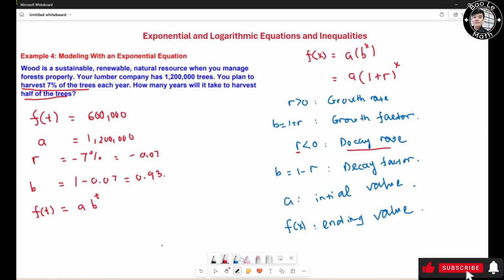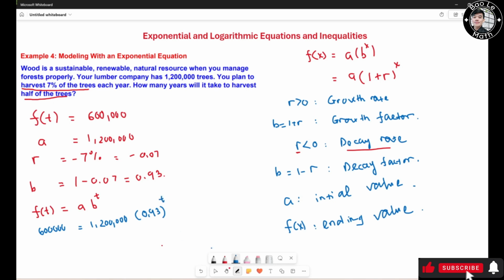And then you just substitute the values. f of t is going to be 600,000 equals 1,200,000 times 0.93 raised to the t.